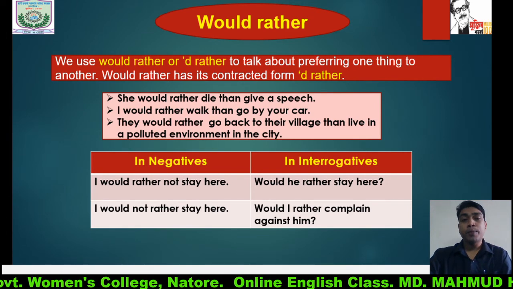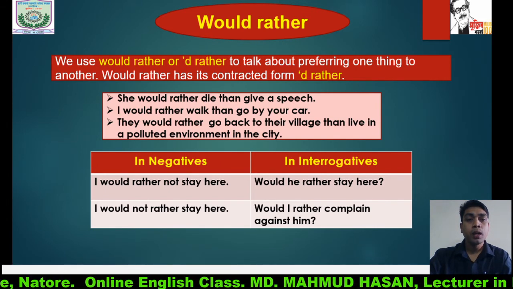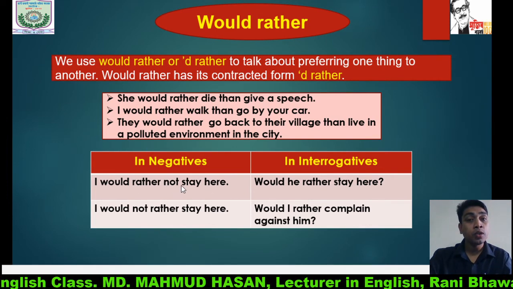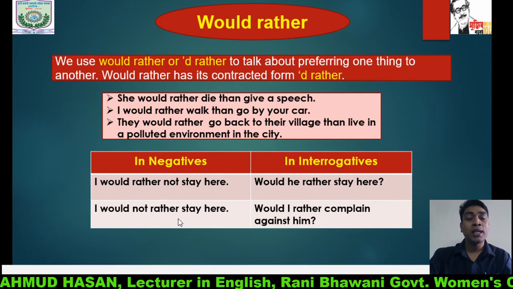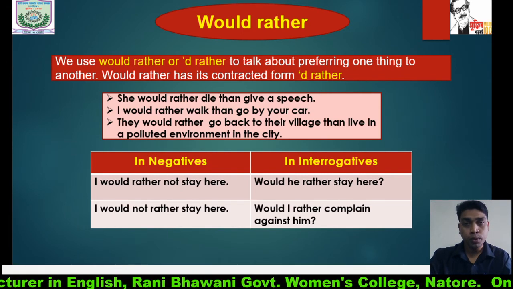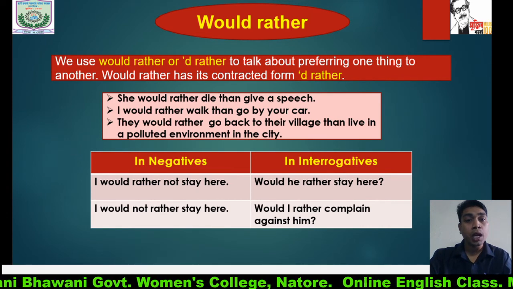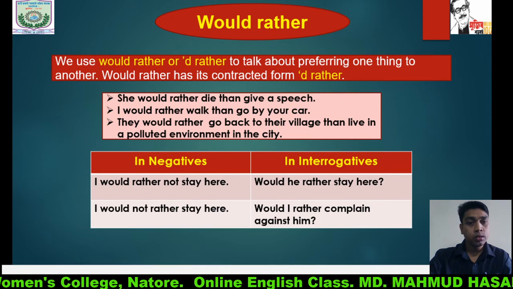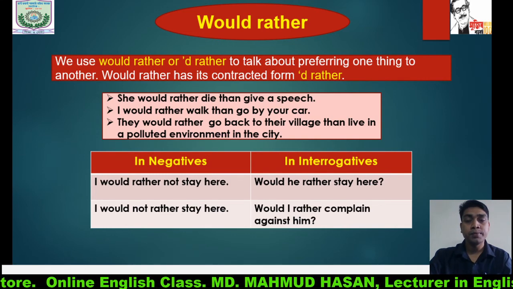In negative aspects, we use would rather in this way: I would rather not stay here, or I would not rather stay here. Both are correct and both can be used. Both are replaceable and bear the same meaning.